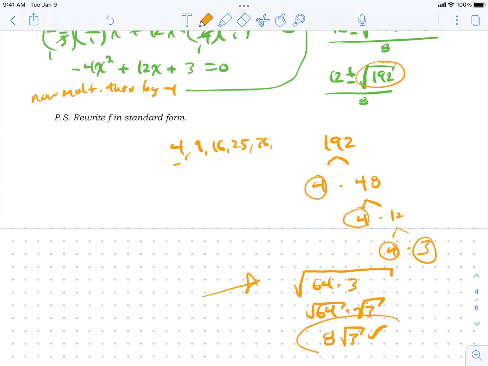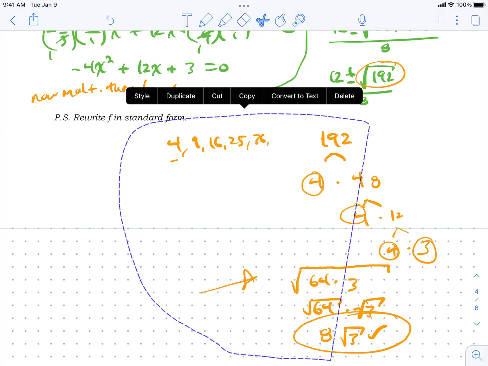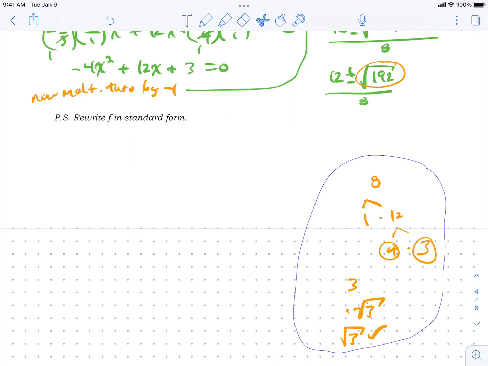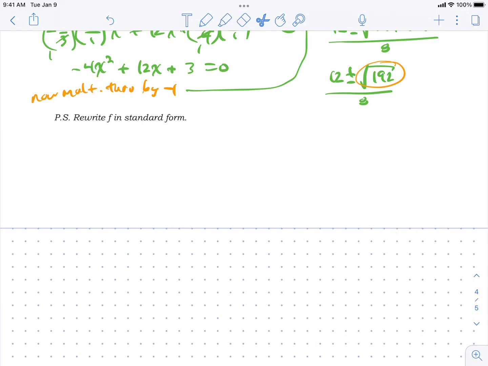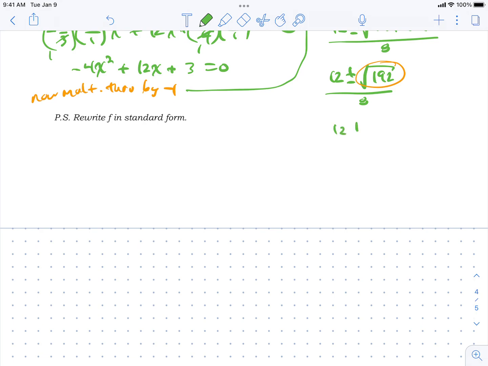So anyway, whether you do it this way or you do it by plugging in your calculator, either way, this is going to be 12 plus or minus 8 square roots of 3 all over 8.